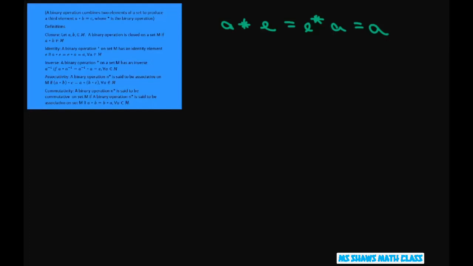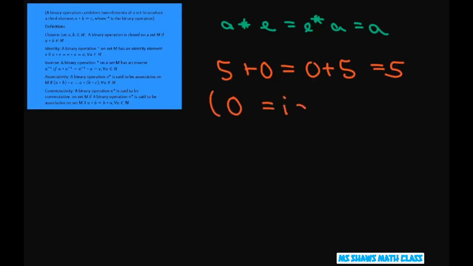We have to find identity elements. For 5 plus 0 equals 0 plus 5, which equals 5. Therefore, 0 is the identity element for addition.